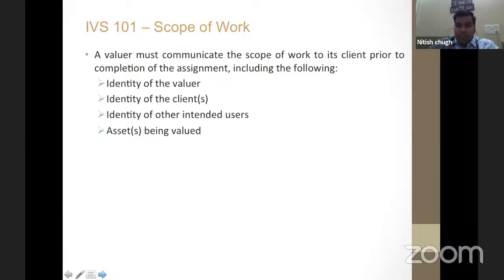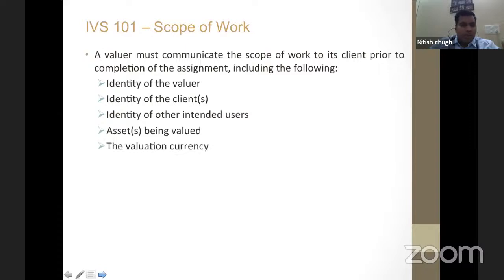Or if you have applied for any patent whose revenues have not yet started, and even the patent has not been approved till date, then also there is certain value to that particular patent due to whatever research you have done. So there is some value to that, and in case the entity wants to get it valued, it has to be specifically mentioned in the scope of work.